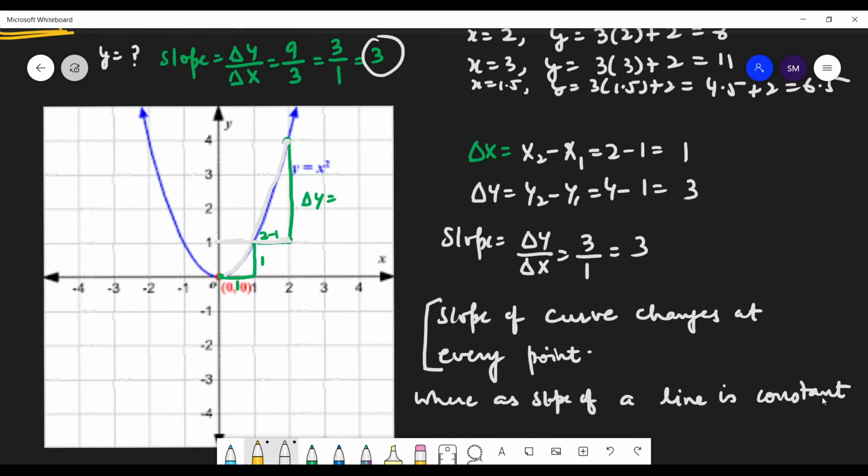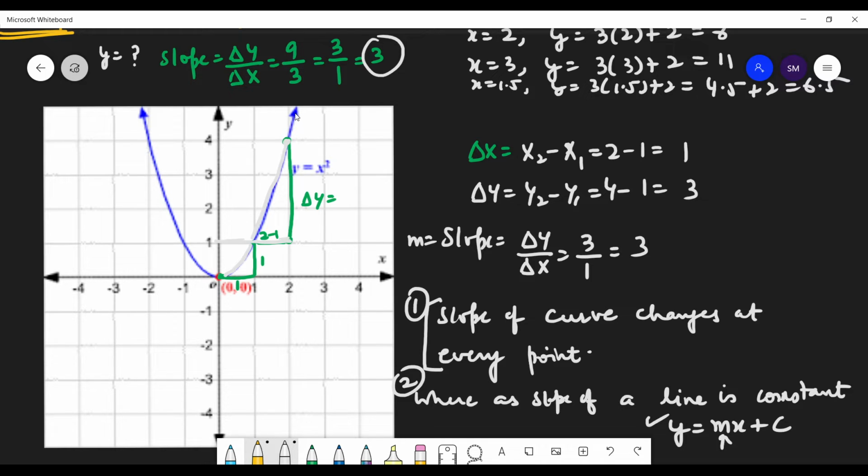Agreed, students? Because the equation of a line is y equals mx plus c. So that's the slope, which is a constant. So finding the slope of a line is very easy because it's constant everywhere, and if you know this relation, you can write the slope as delta y by delta x.